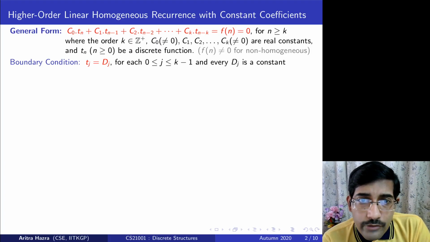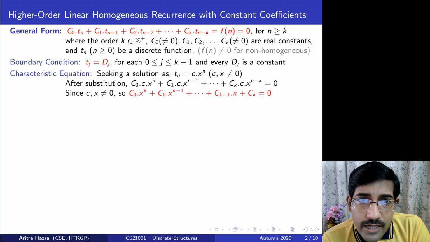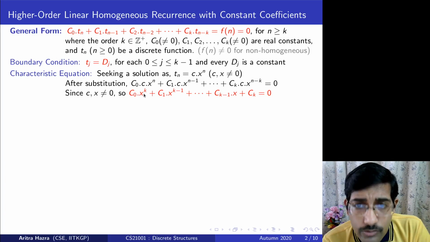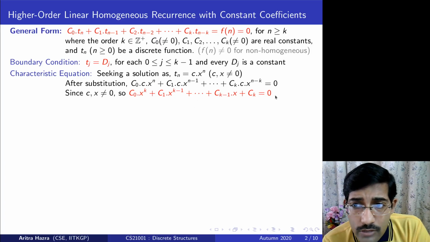If you remember, for the second order, we can generalize the characteristic equation up to kth order. By replacing Tn equal to C times x to the power n, we get an equation, and if C and x are not equal to 0, we get a polynomial of order k: C0 x to the power k plus and so on up to Ck x to the power 0, and this is equal to 0.